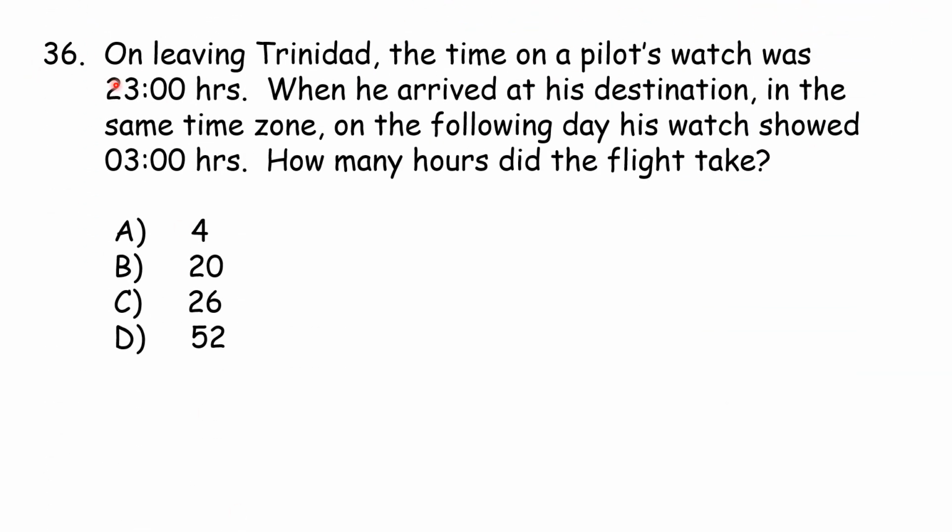Question 36. On leaving Trinidad, the time on the pilot's watch was, this time here represents 11 p.m. When he arrives at his destination, same time zone, on the following day, his watch showed this time, which represents 3 a.m. So we would write that down as 11 to 12 to 1 to 2 to 3.